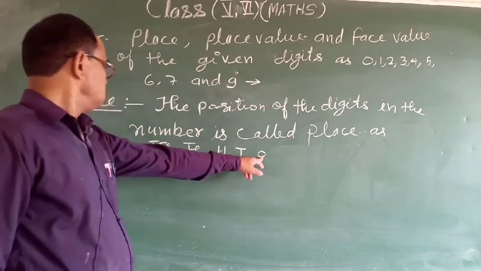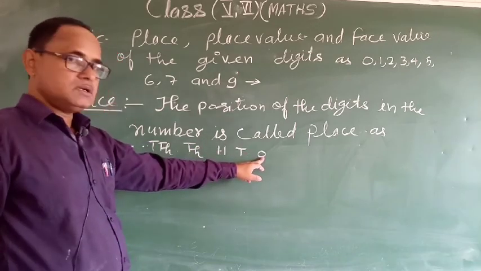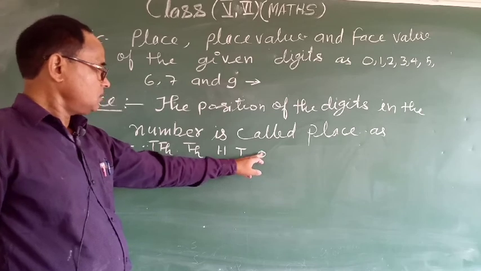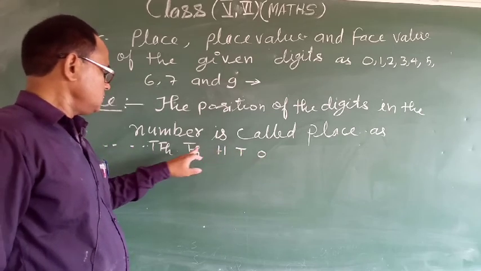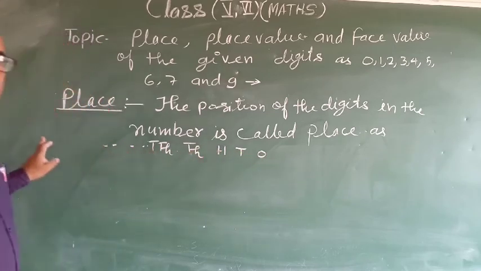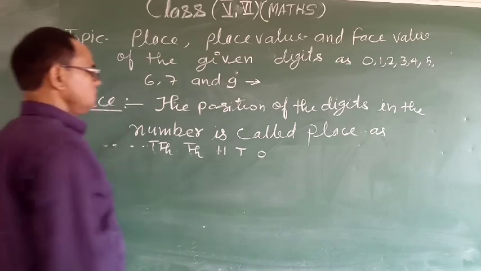This is the place value: 1, tens, 100, 1000, 10,000 and so on. Okay, student?